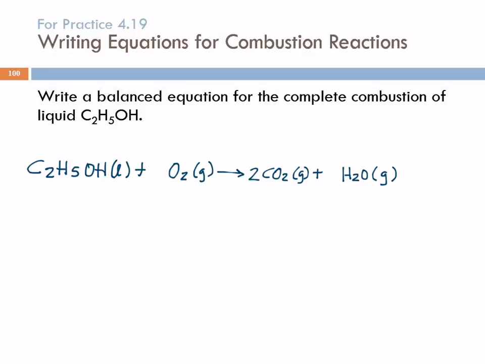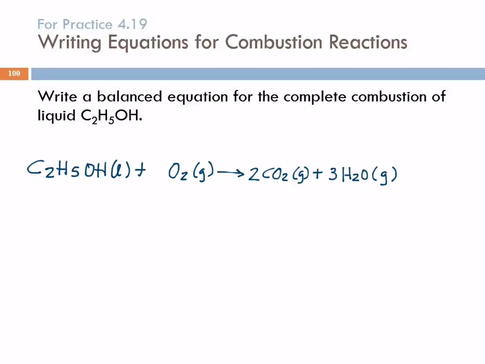Now I need to take care of the hydrogens. Here I have 5 hydrogens and 1 hydrogen. Those hydrogens are not written together because OH is a functional group. This is one of those organic compounds that we just briefly talked about. There's a reason that it's written this way. But there are a total of 6 hydrogens there, so I need 6 hydrogens on the right side. If I multiply the water by 3, that'll get me 6 hydrogens.